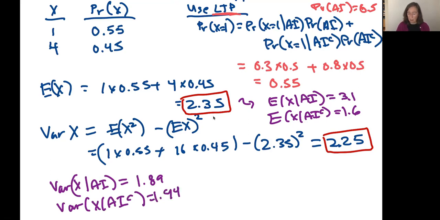And what we see here is that if we compare the conditional variances to the unconditional variance, the unconditional is higher. So finding out whether there's anti-incumbent sentiment or not reduces our uncertainty in both cases. That kind of makes sense. It's not always true, but in many cases it is.